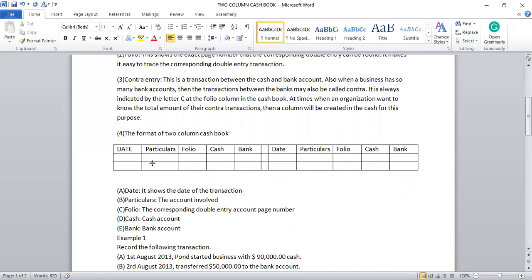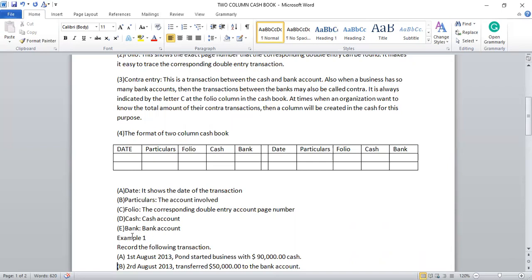So where that particular corresponding entry can be found, the page number, as I explained the meaning of the folio. D, the cash means the cash account. E, the bank meaning the bank account.